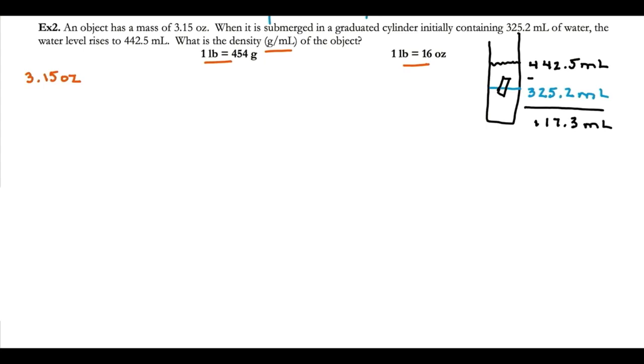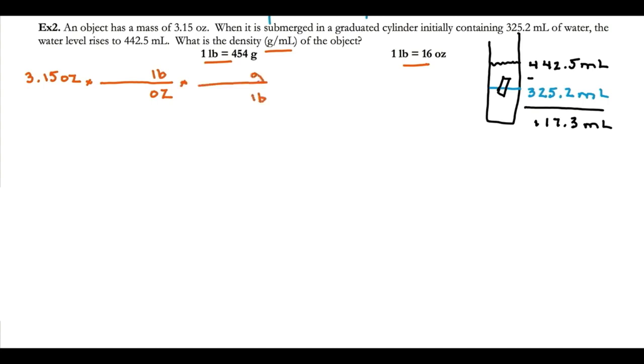Okay, I'm in ounces. I want to get into grams because that's the unit for mass in density that I want. So notice the two conversion factors allow me to get out of ounces, first into pounds. Okay, now I'm in pounds. I don't want to stay in pounds. Now I can get into grams.